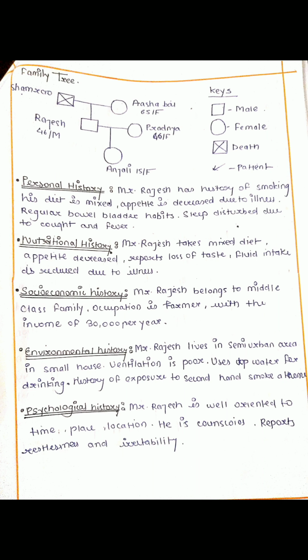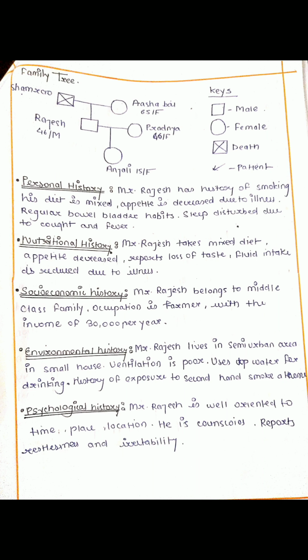Then their diet history, if the patient is vegetarian, non-vegetarian, or mixed. Then comes the nutritional history: whether the patient's appetite is reduced due to illness, what their fluid intake or food intake is, and their output also.